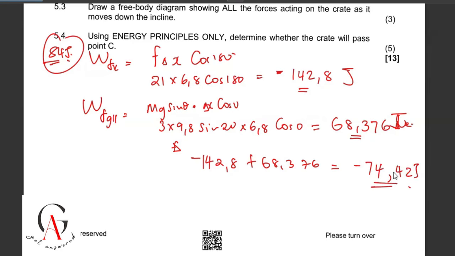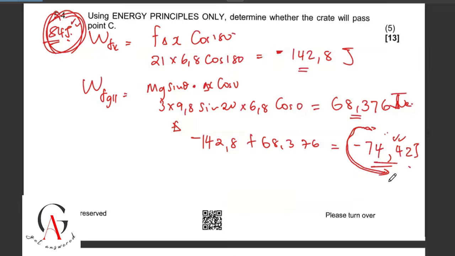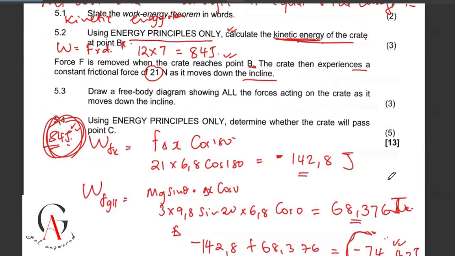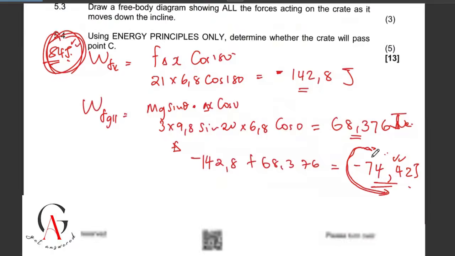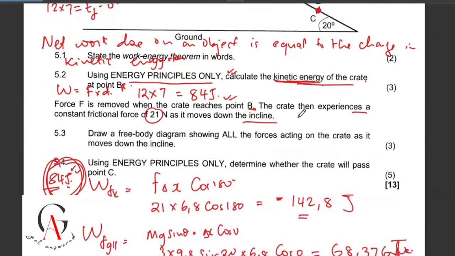Now, if this is the amount of energy that will be left, and yet we have the 84 joules, that is what the object has, then technically the 84 is slightly more than the 74. So the conclusion here is that the block would definitely pass. It will pass point C.